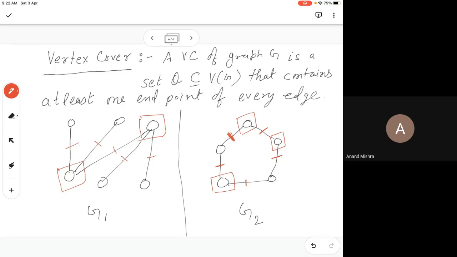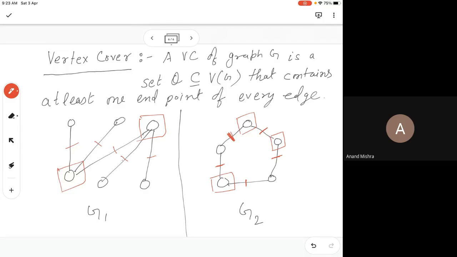Sometimes some books also give an example to understand this concept. Consider these edges as streets, and these nodes as points where there is a street light.